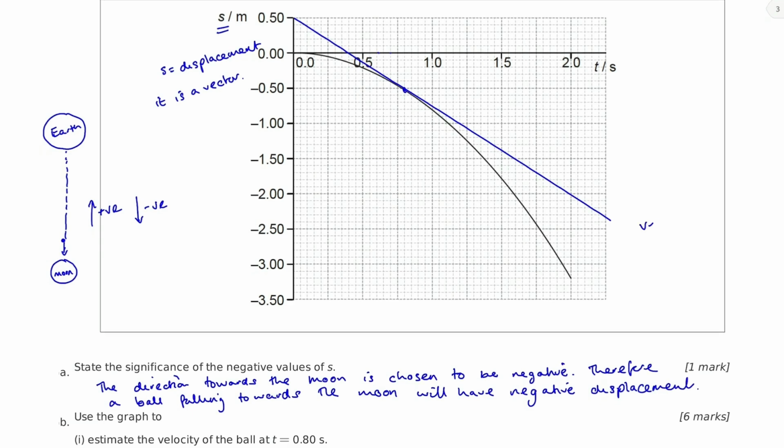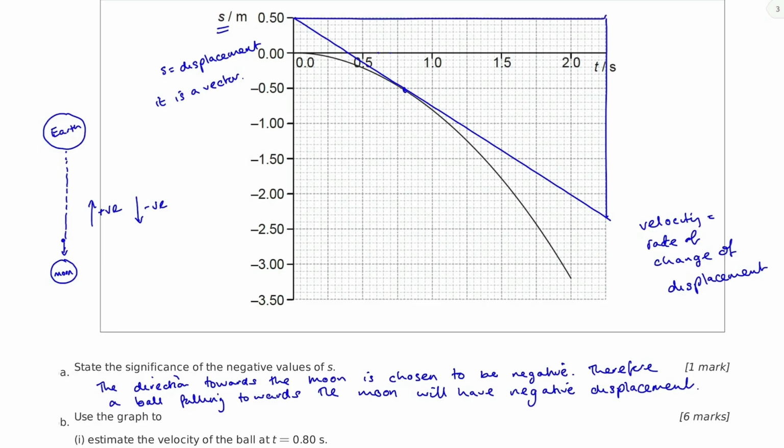Well, velocity is equal to the rate of change of displacement. So that means it's the gradient of a displacement-time graph. So we want to find out what the gradient of this tangent is. So we're going to draw a big triangle, as big as we possibly can, because that reduces the error on the final mark.